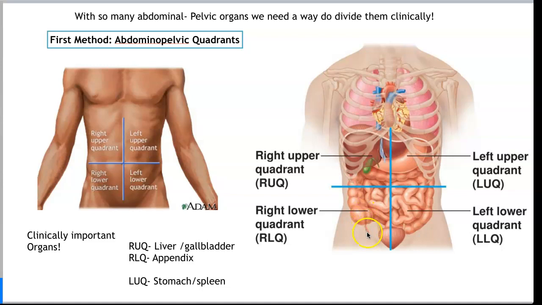The appendix, this little guy right here, lives in the right lower quadrant. So if a patient comes in with severe right lower quadrant pain, you're always going to think of the appendix. Left upper quadrant, what lives up here? It's basically the stomach and the spleen.